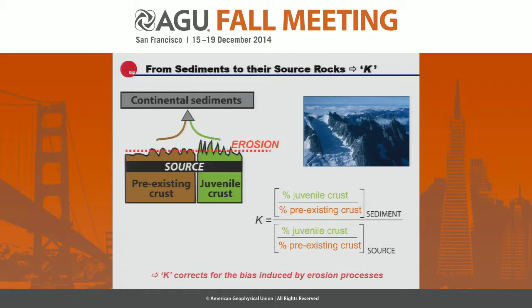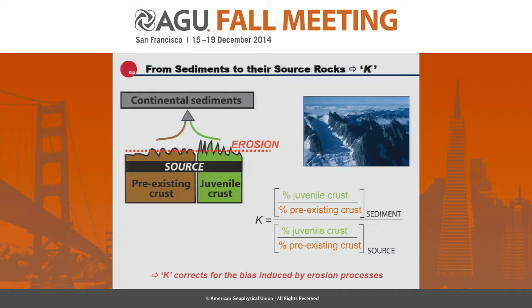When you start to erode that bulk continental crust, you are going to have more sediments coming from the juvenile crust, because we know that they are formed in young mountain belts, like here, and there is more relief, which means that the denudation rates are more important.